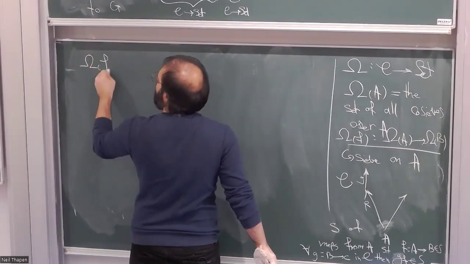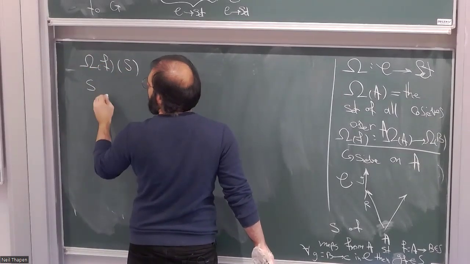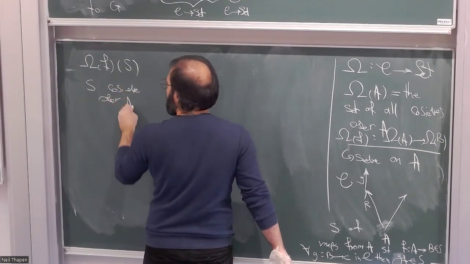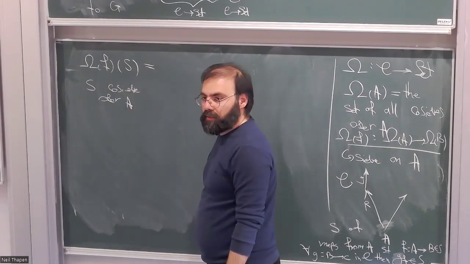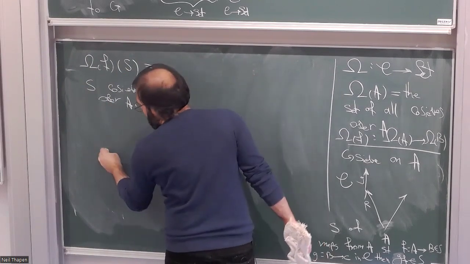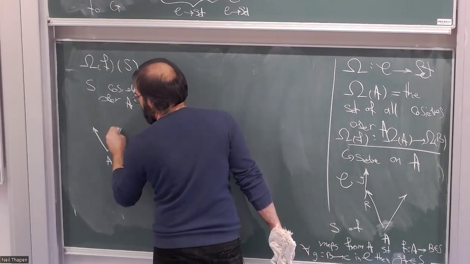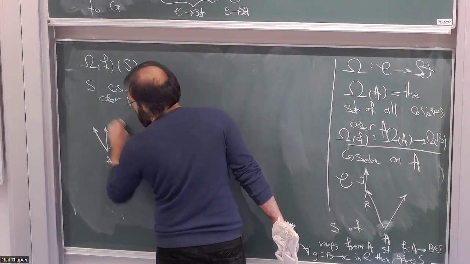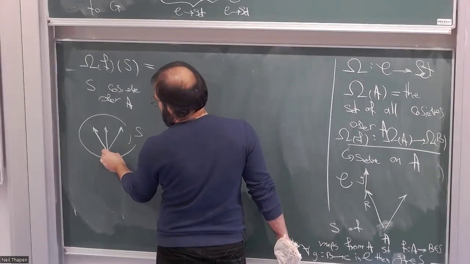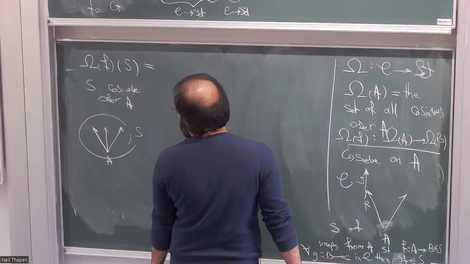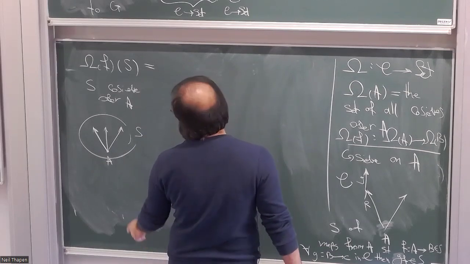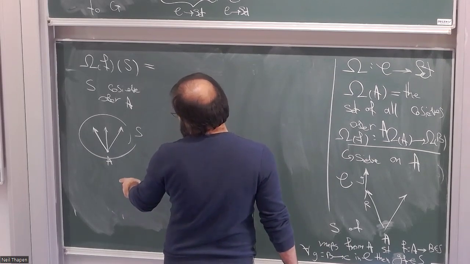So omega F is a function that reads S as some co-sieve over A, and it must return the co-sieve over B. So you have A, and you have a collection like this, S, and you know how to go.